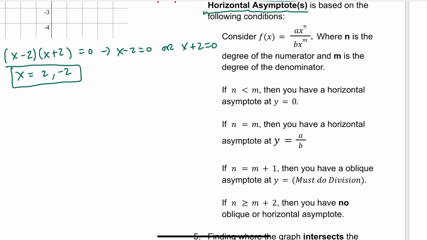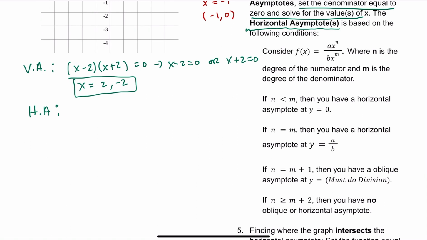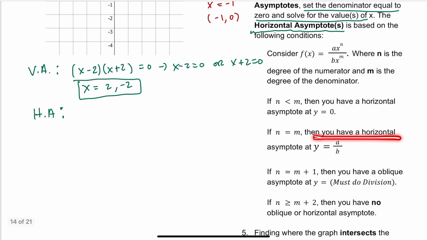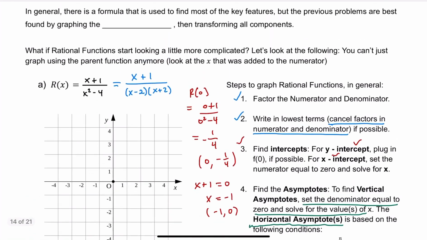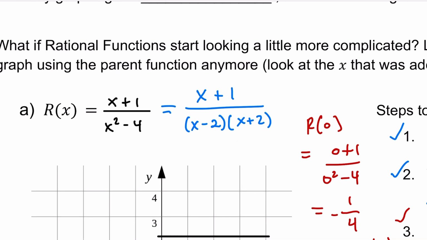The second most popular one is when the degrees on top and bottom match. That means you're going to have a horizontal asymptote at the ratio. So again, the ratio is actually easier to see here. So if these two were exponent of 2, let's just say you take your ratios, the ratio here is 1 over 1.